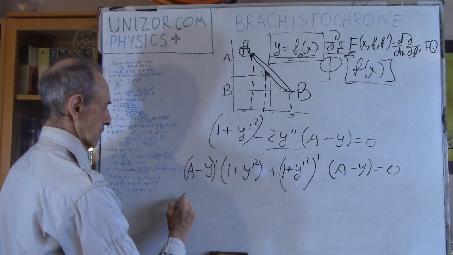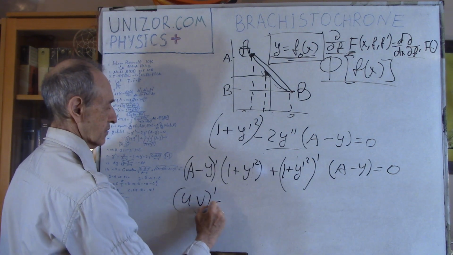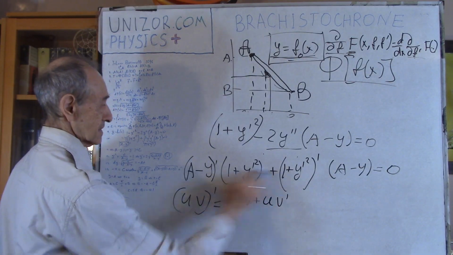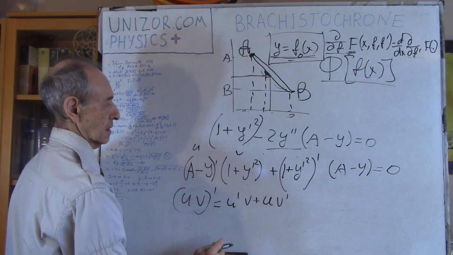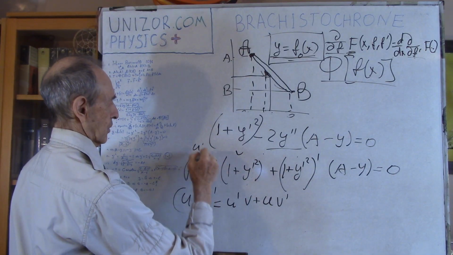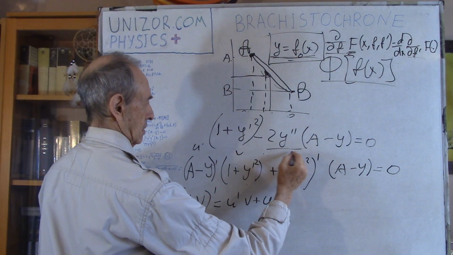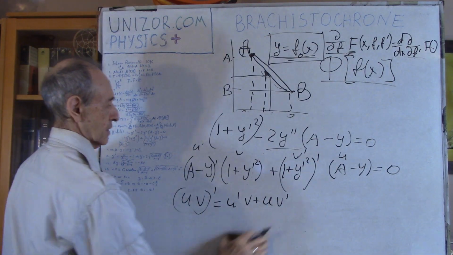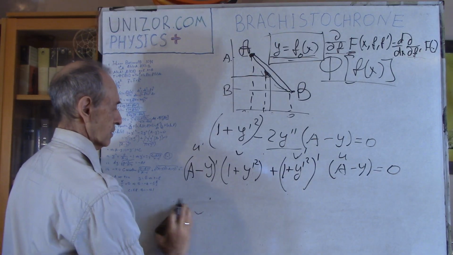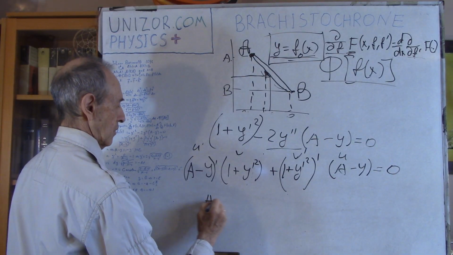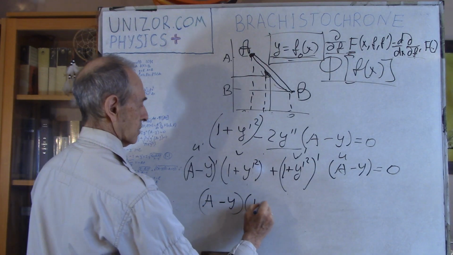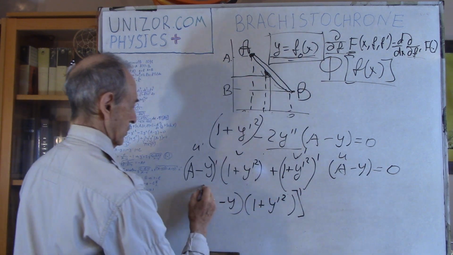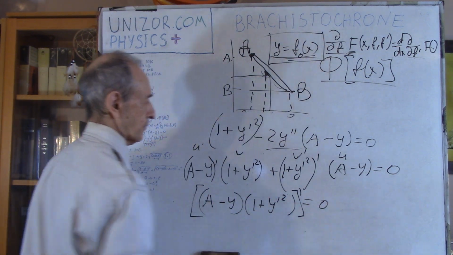For the product of two functions, u and v, the derivative is u prime v plus u v prime. That's exactly what we have. This is u, this is v. This is u prime v, and this is v prime u. So this is basically the derivative of a minus y times 1 plus y prime squared, and the derivative of everything is equal to 0.